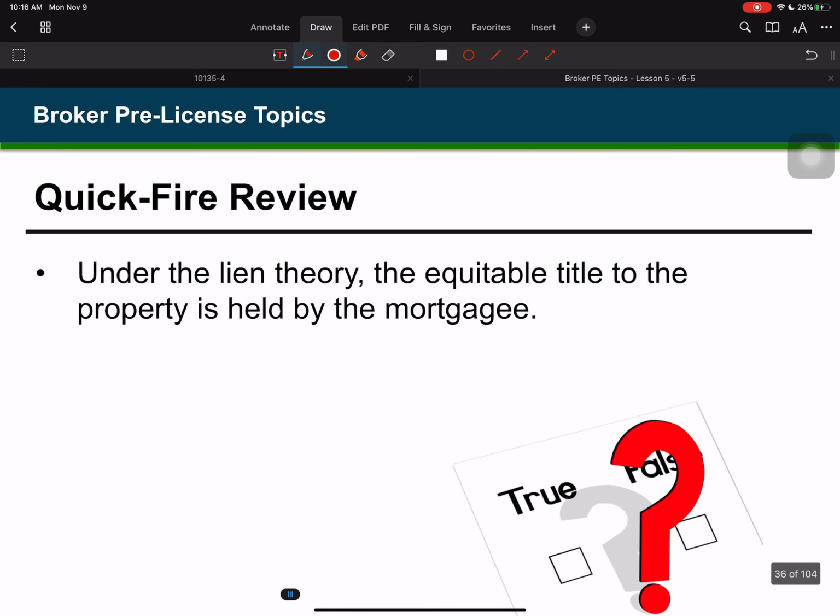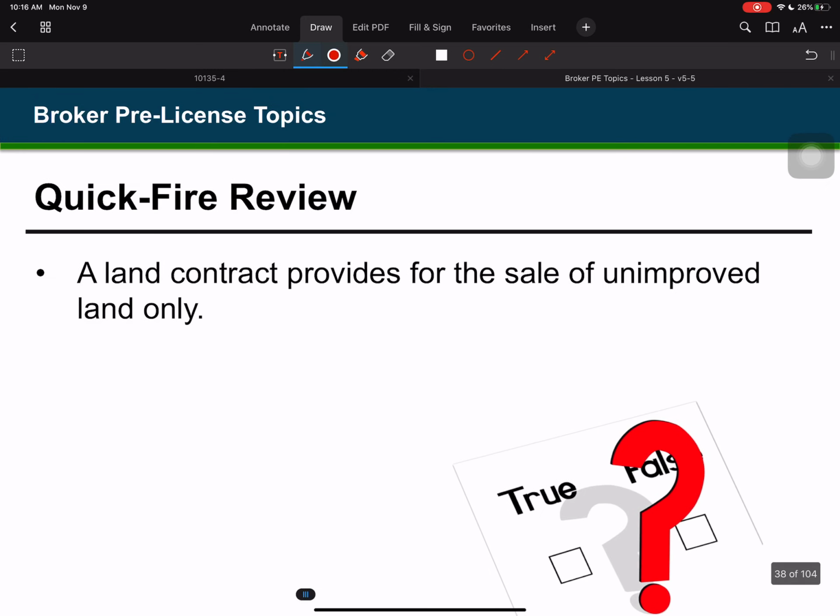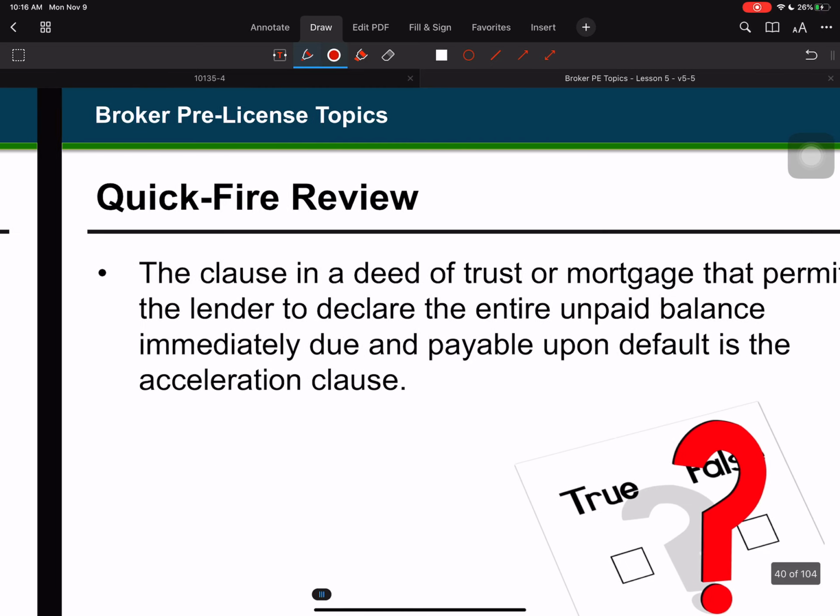Under the lien theory, the equitable title to the property is held by the mortgagee. False, because remember, there's a lien on it. A land contract provides for the sale of unimproved land only. False. Remember, we're not talking about land, we're talking about seller financing.